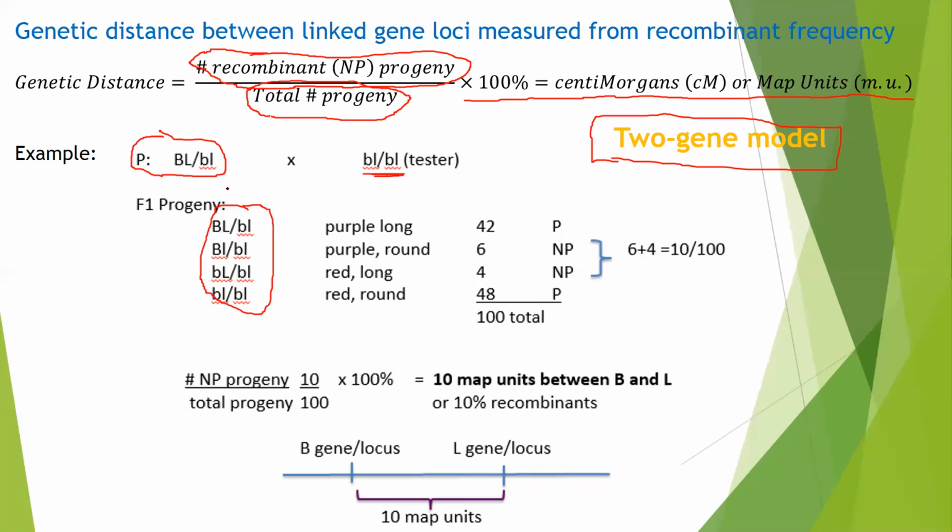So if these two genes are independent, we're going to see 1 to 1 to 1 to 1, right? If they are not, we're going to see different ratios. So this is different ratios here.